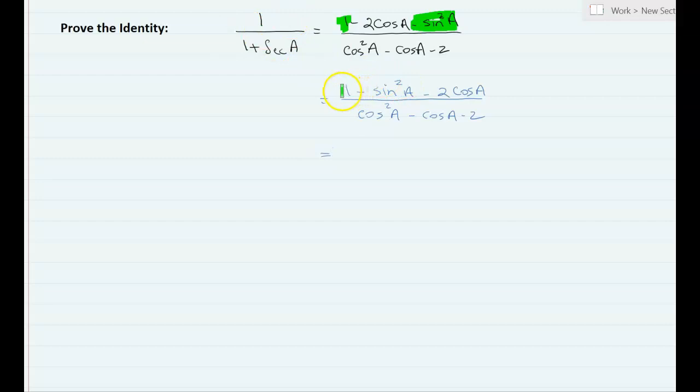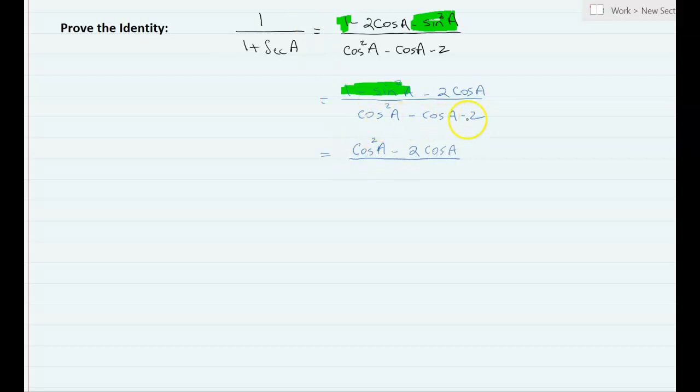So here is the 1 minus sin squared a, that's a Pythagorean identity. That simply is cos squared a. All right, and the next is minus 2 cos a, all over.